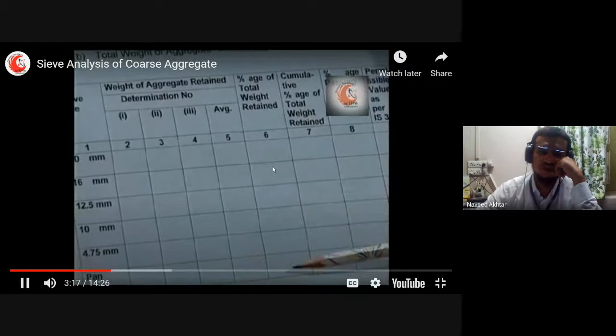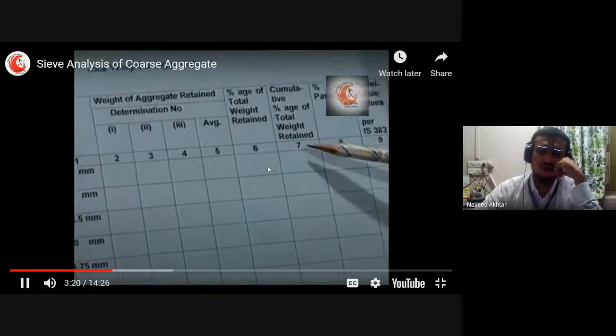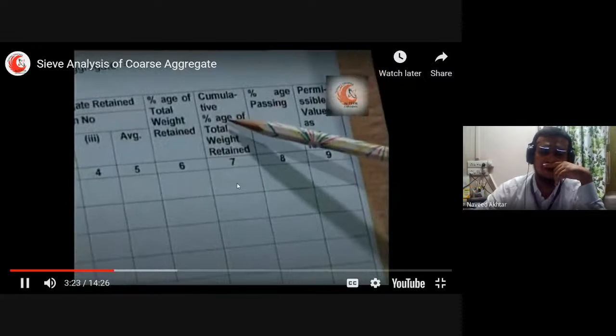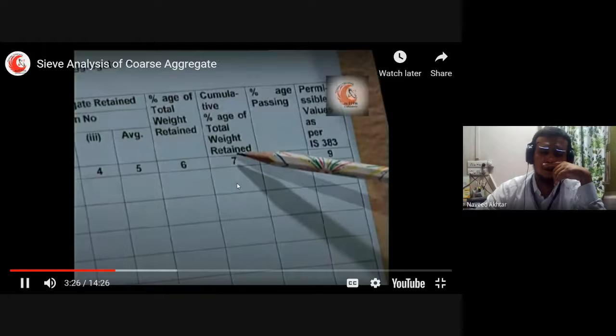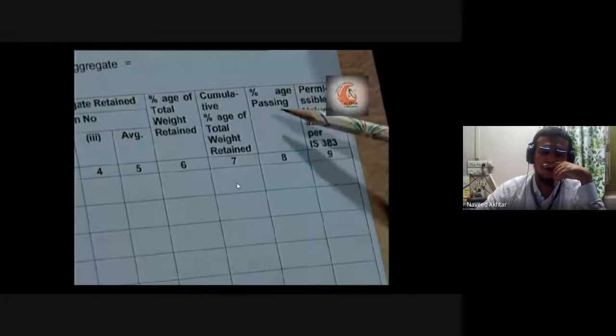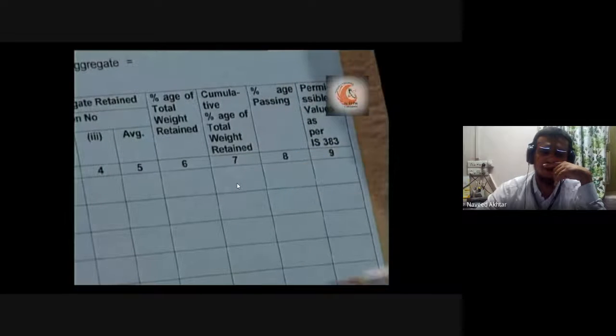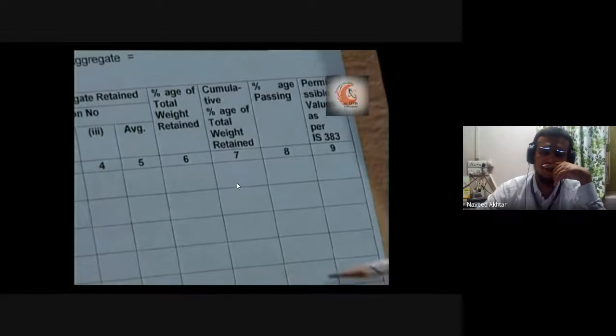Then we will calculate the percentage of total weight of retained aggregate. Then we find the cumulative percentage of total weight retained. Then percentage passing.